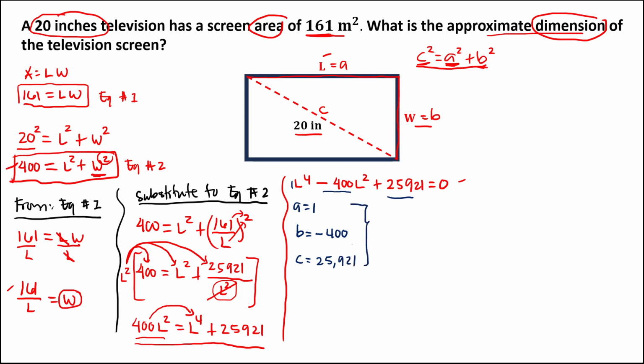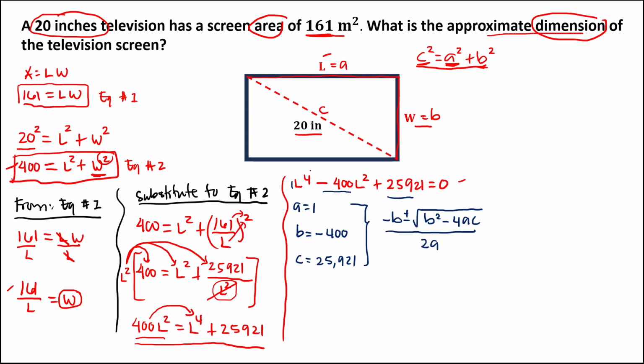Then using the quadratic formula, that's negative B plus minus the square root of B squared minus 4AC, all over 2 times A.